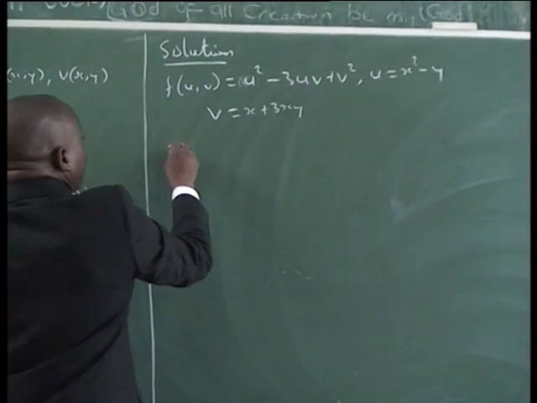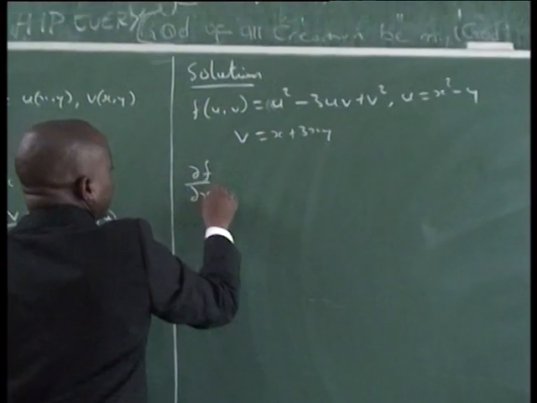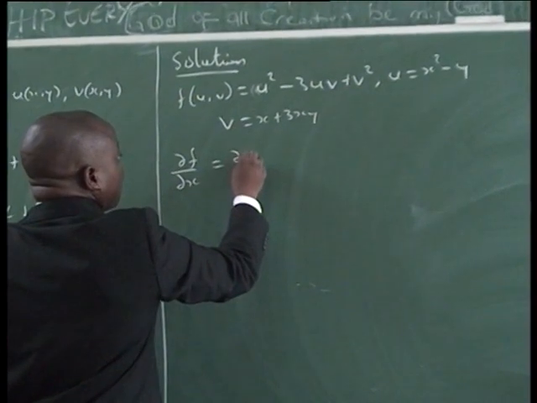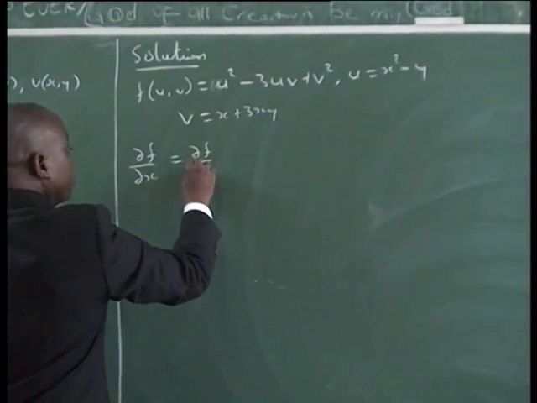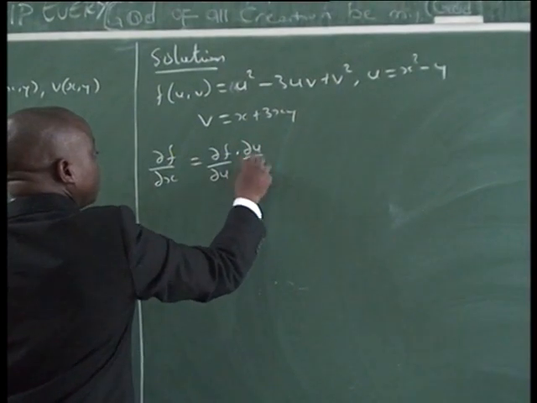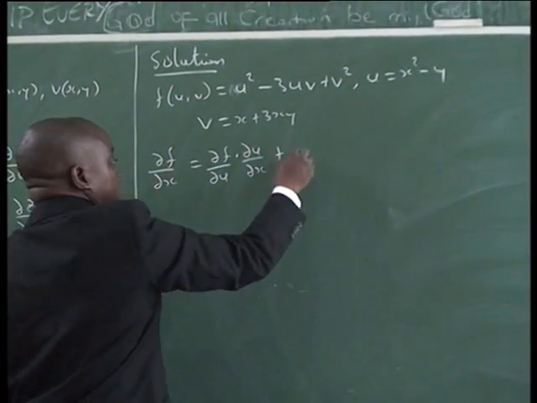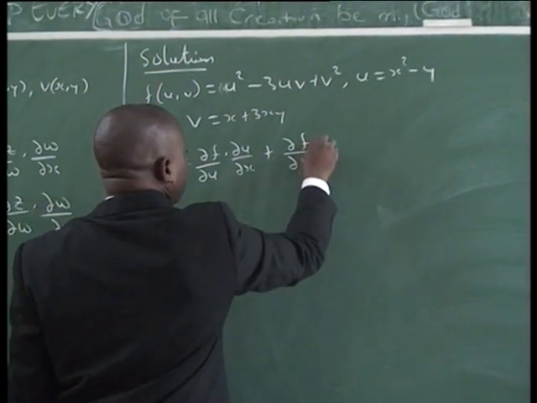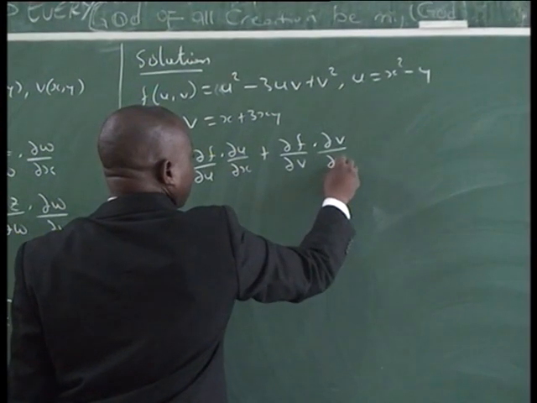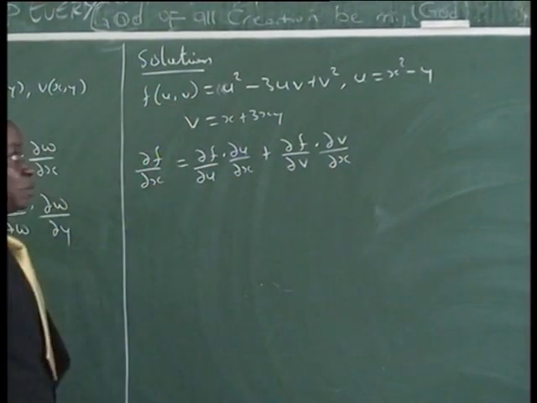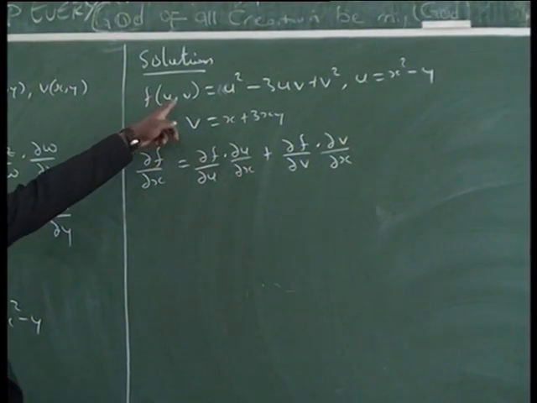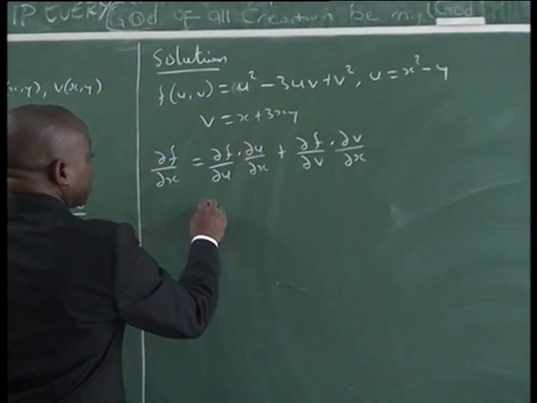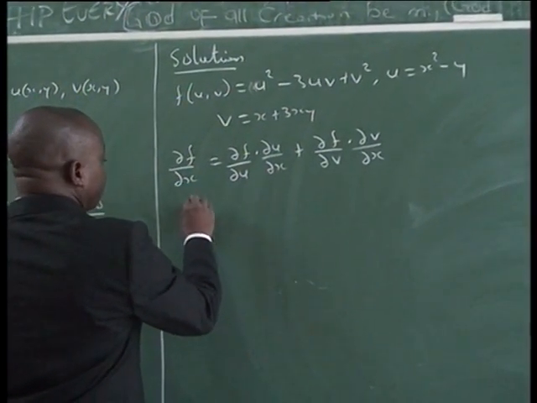Okay, so we know that partial f partial x is defined as partial f partial u times partial u partial x, plus partial f partial v times partial v partial x. Yes, because we have two now; f is a function of u and v. So now let's look at partial f partial u.